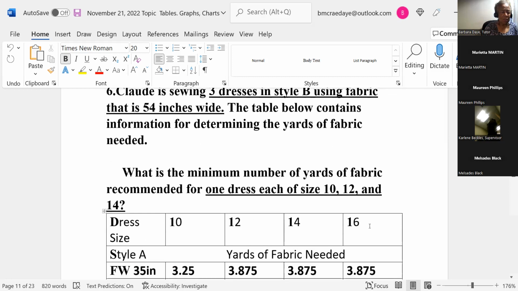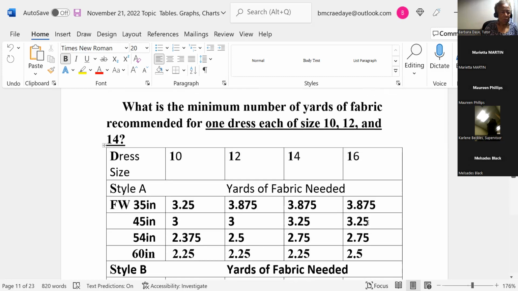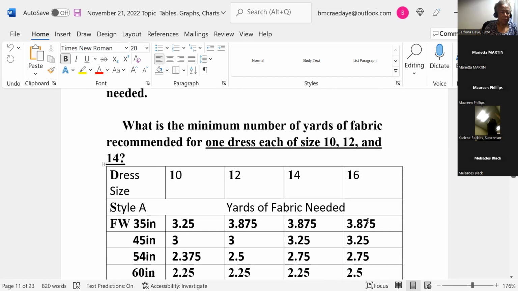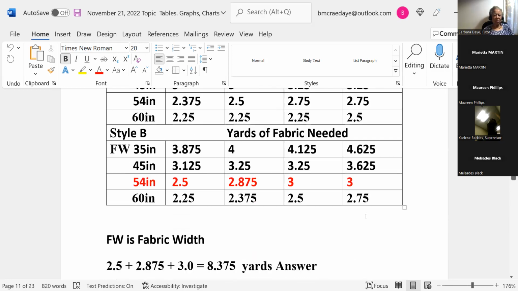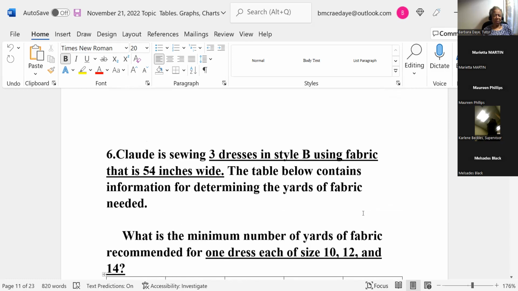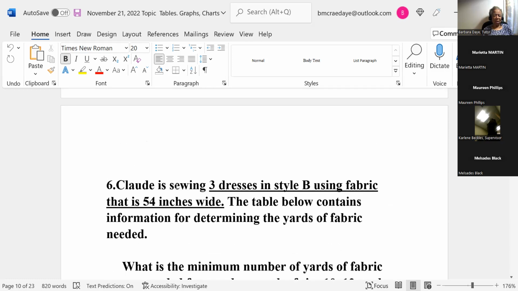Let me ask you another question. This time I want you to look at style A. Miss Barbara, before we move on, how do I know to go to that section to get the answer? Okay, let's go back up here. 54 is in there, but Claude is sewing 3 dresses in style B. That tells us to go to the style B part of our table, right?